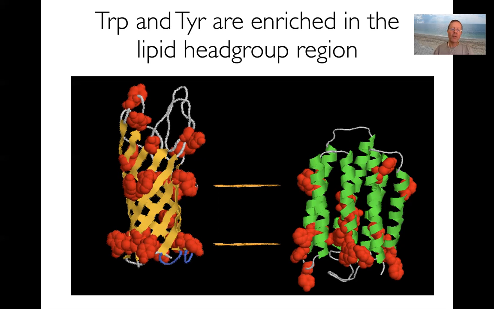So for that reason, they seem to be perfectly suited to sit in this interface where they can, on one side, make hydrophobic interactions with the hydrocarbon tails, and on the other side, they can make polar interactions with lipid head groups and water molecules. So anyway, what it means is that transmembrane helices and these transmembrane beta strands tend to have tyrosines or tryptophans near their ends. So that's another sort of statistical regularity that might be useful for prediction purposes.